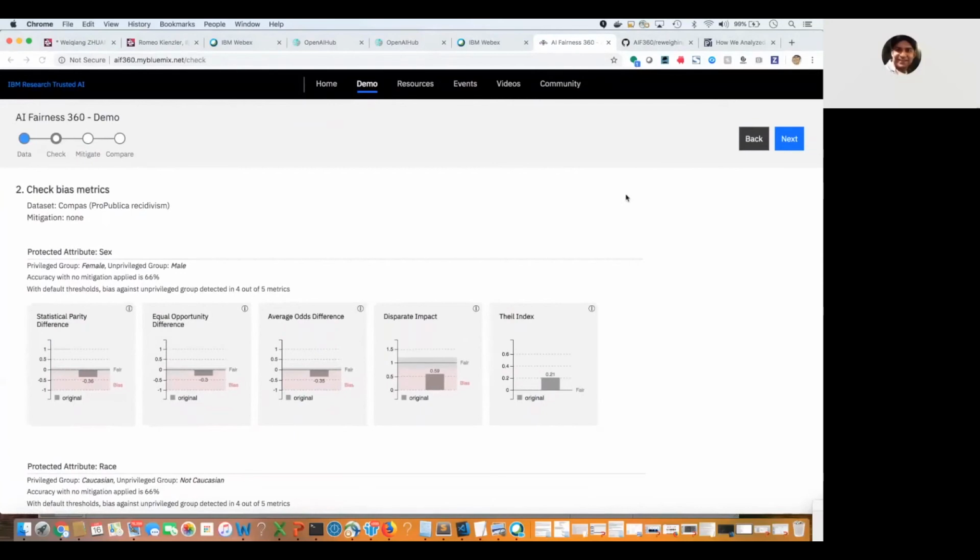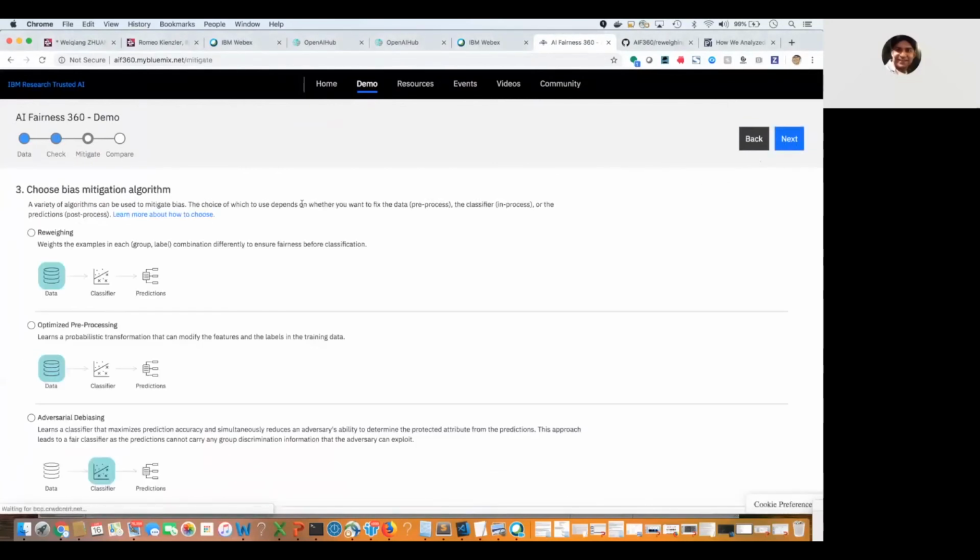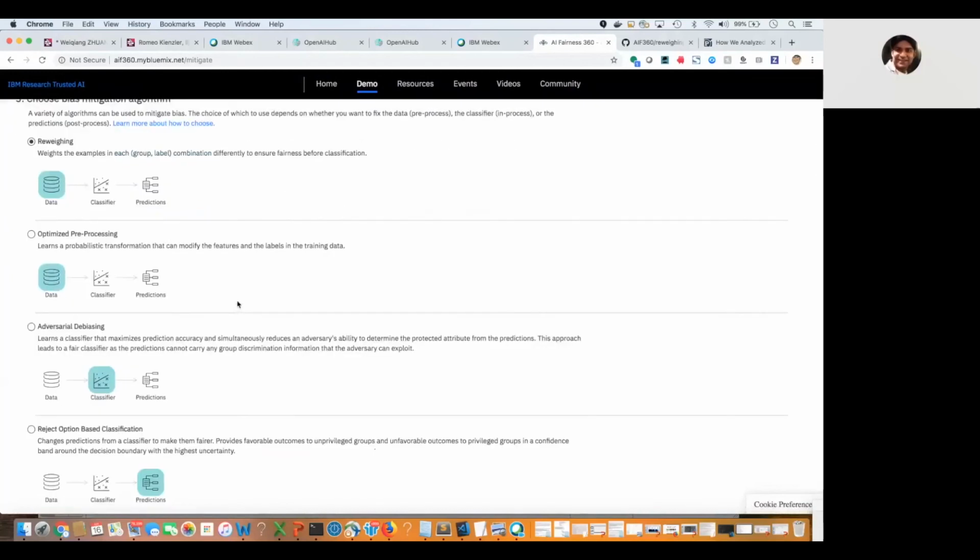So now that AIF360 has detected there is bias in this, we can actually go and choose one of the algorithms here to do bias mitigation. Reweighing essentially weights the examples in each group and label combination differently to ensure fairness before classification. So it actually balances the data set properly.